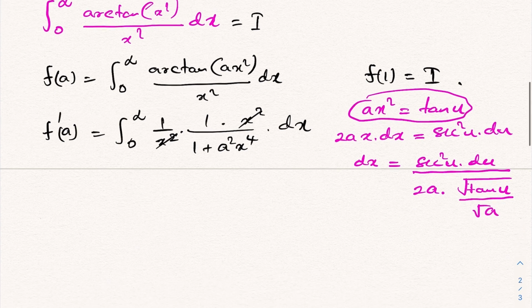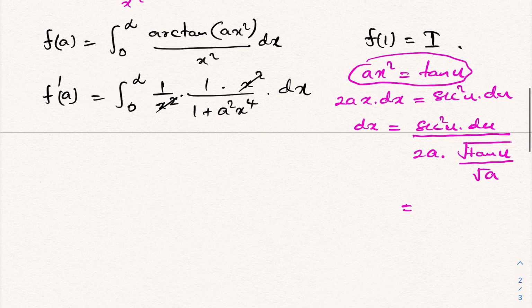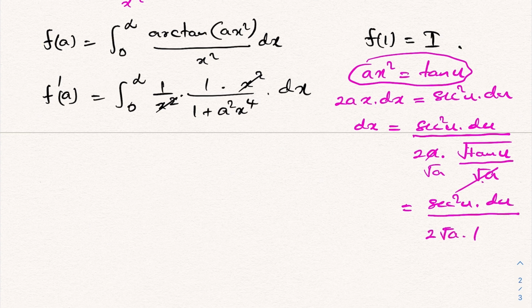Then we can simplify. We have secant square of u times du over, the square root of a gets cancelled, so we have 2 times the square root of a times the square root of tan of u.